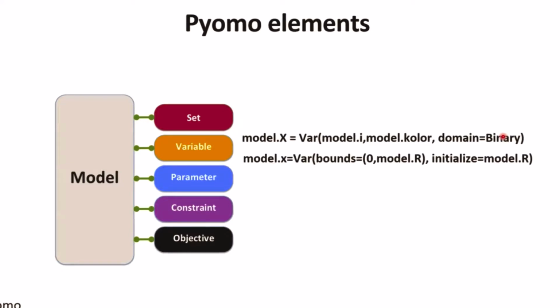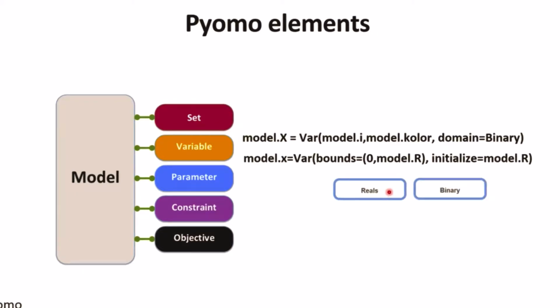The next one is the variables. For example, the way you define your variables is this. Some variables are defined over sets, some of them are not. They might have some bounds. It means that the variable is changing between two limits, the minimum value and maximum value. You can initialize them, and they have some domain. It means the type of the variable you are dealing with.